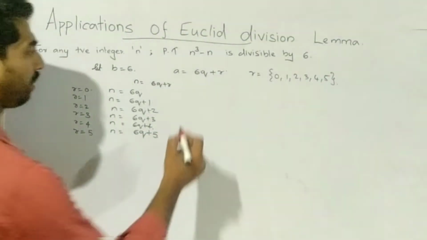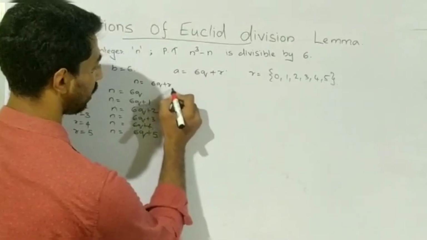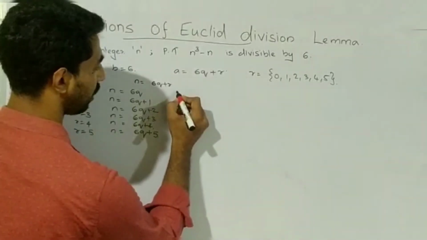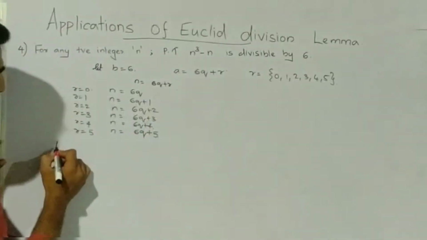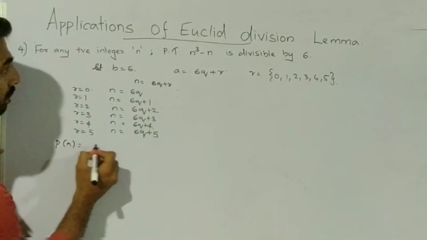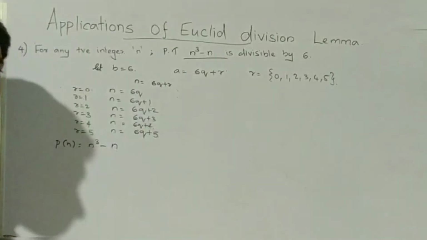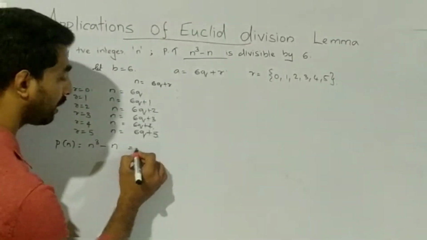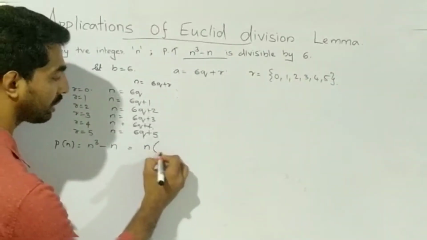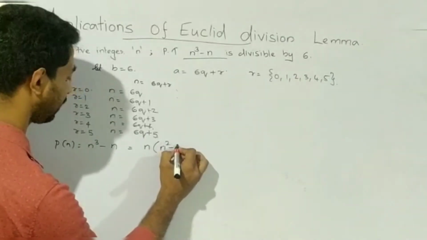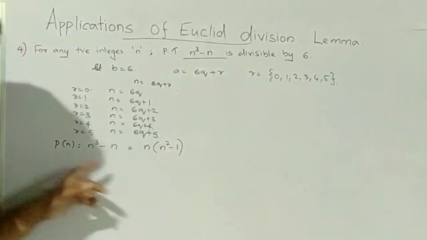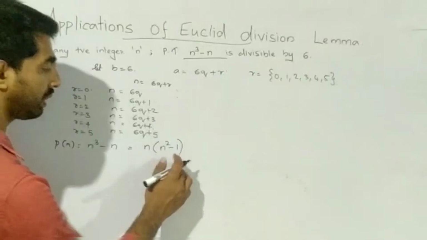So what is P of n? P of n is equal to n cube minus n. n cube minus n can be written with n common, so you can write it as n into n square minus 1.